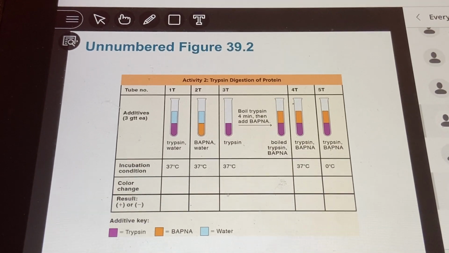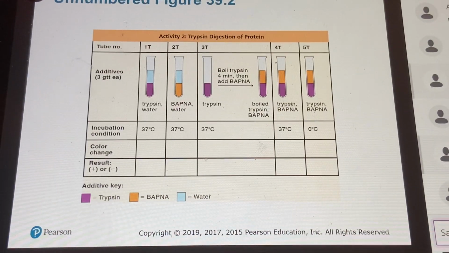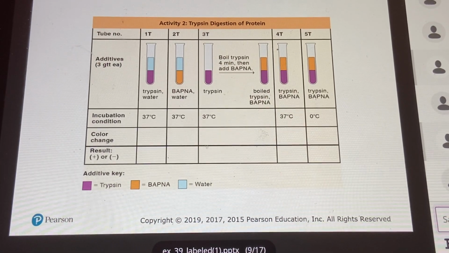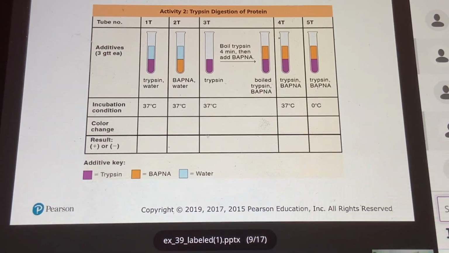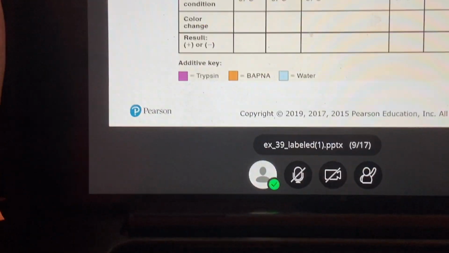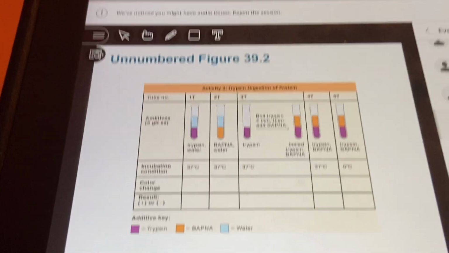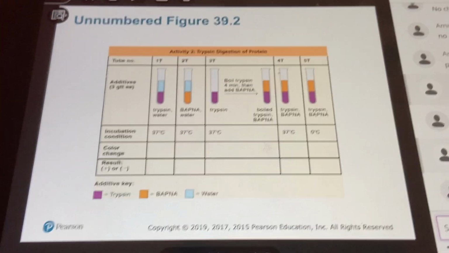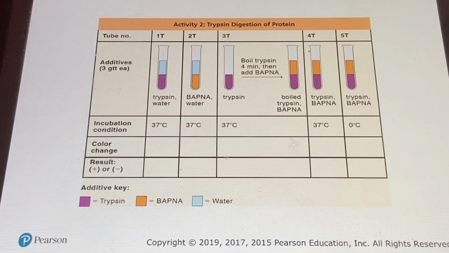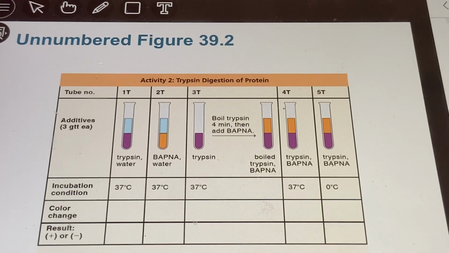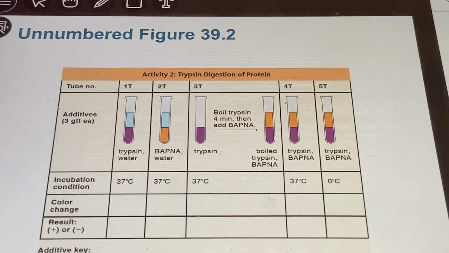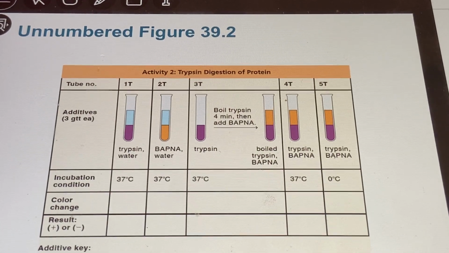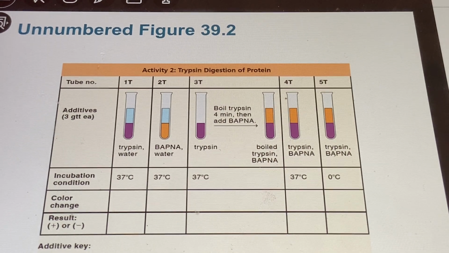Okay, of course you should have a title page, your first page. Your title page should have your name, of course, and then the title. The title again, as I said, is chemical and physical processes of digestion.